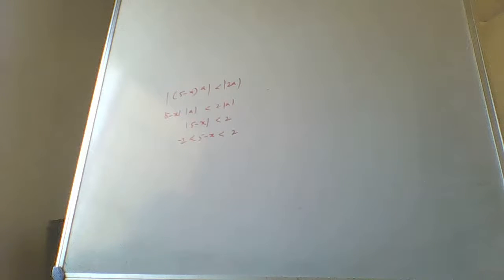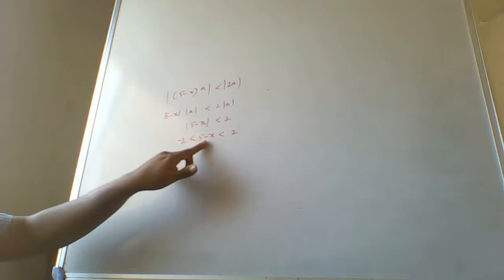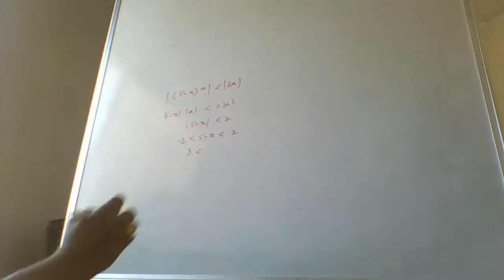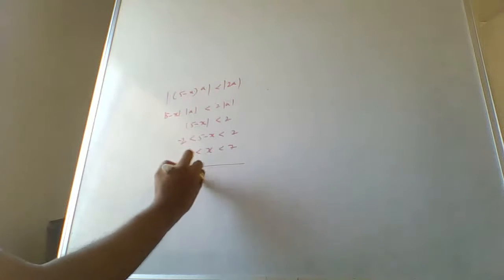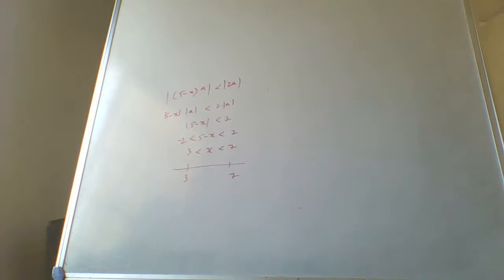If I add 5 to remove 5 minus x, I'll get 3 less than x less than 7, which means x lies between 3 and 7, not including 3 and not including 7. So this will be the solution.